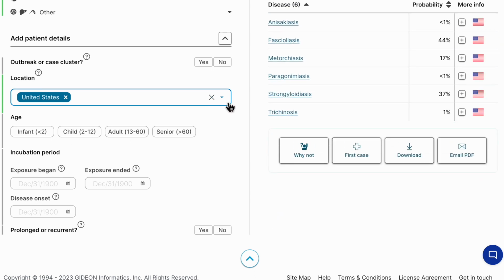There are 6 diseases in the United States which could be associated with hypereosinophilia. And again, there are things on the list. Many of you are in the United States. Did you know that metorchiasis is a disease of that country, and that not only that, but it causes hypereosinophilia? And you can look up the details in these buttons here.